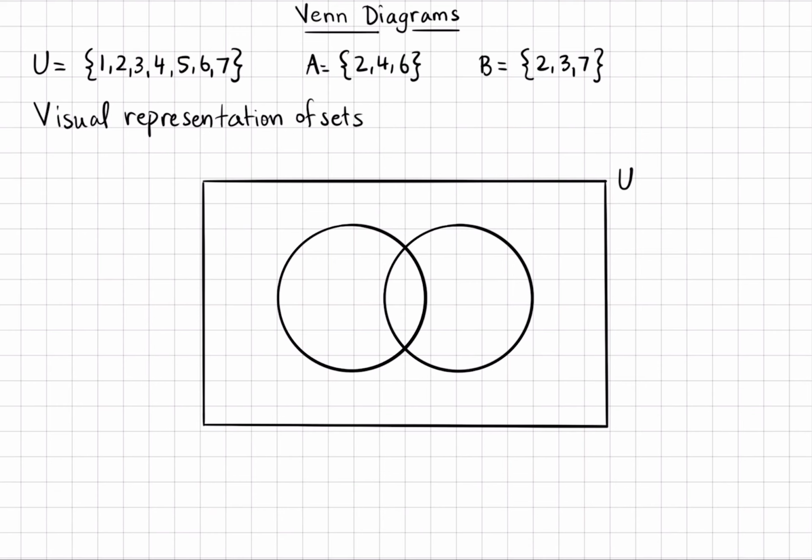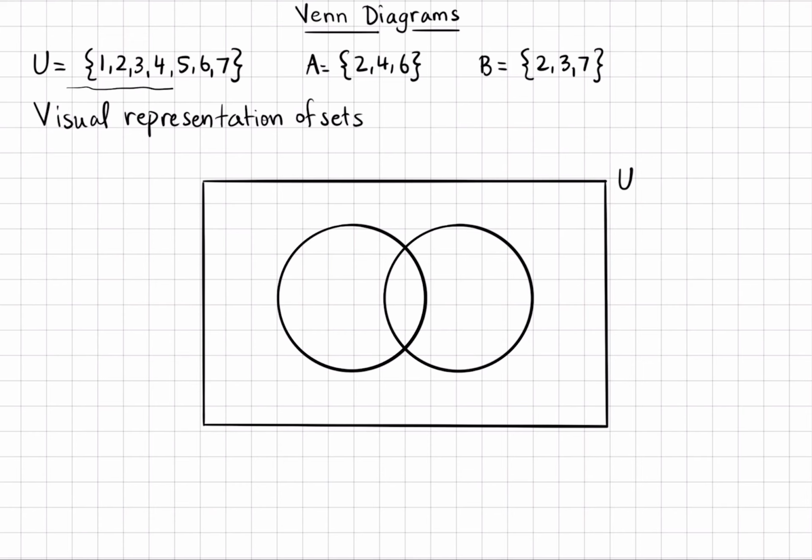So Venn diagrams are just a visual way in which we show sets and show the operations between them, how they work together. For this video, I want you to note that I am defining 3 sets that I'll be using when we're explaining this.